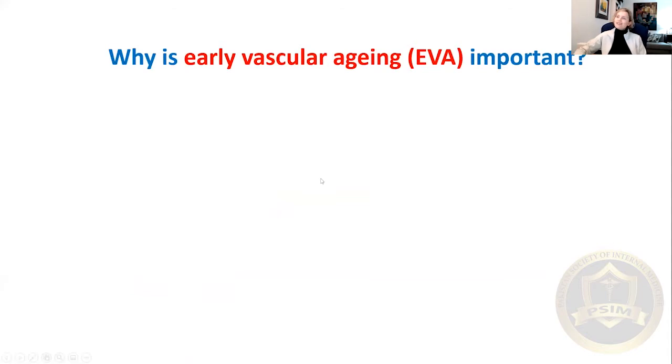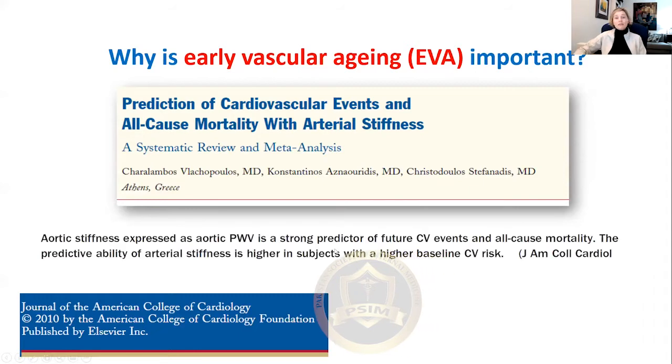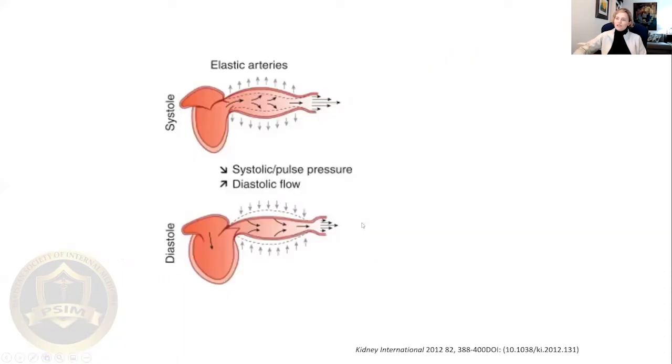So why is this really important in this context? It's because arterial stiffness predicts cardiovascular events and or cause mortality, and it does so independent of blood pressure. So even if you don't look at blood pressure and only look at large artery stiffness, it's a strong predictor of cardiovascular outcome, but it is also independently linked through the development of isolated systolic hypertension.